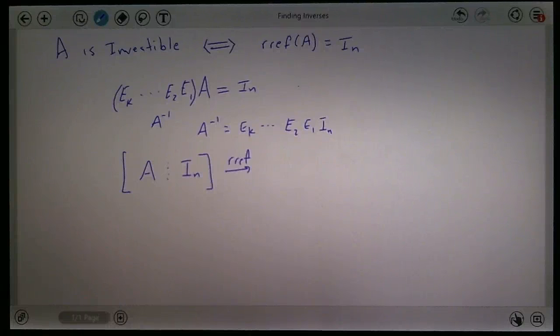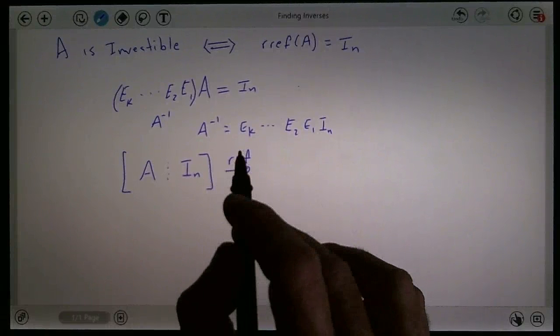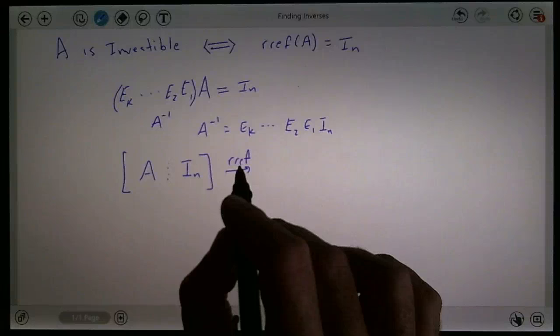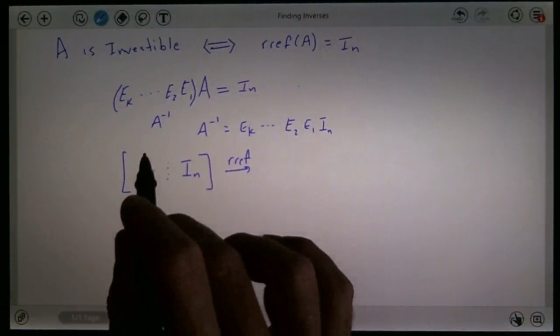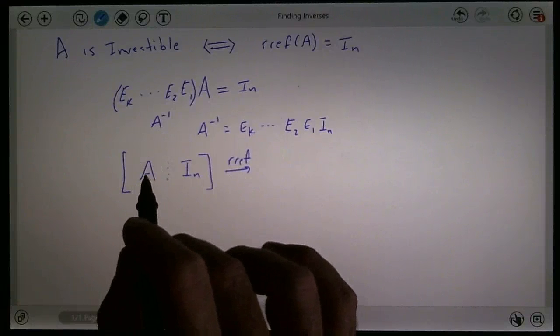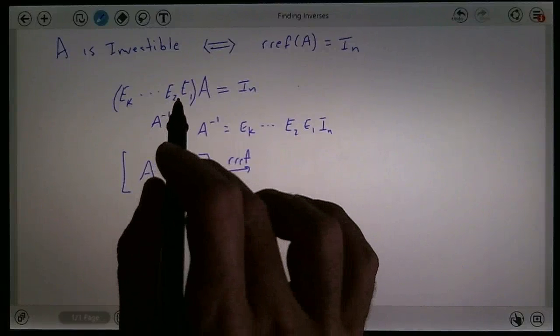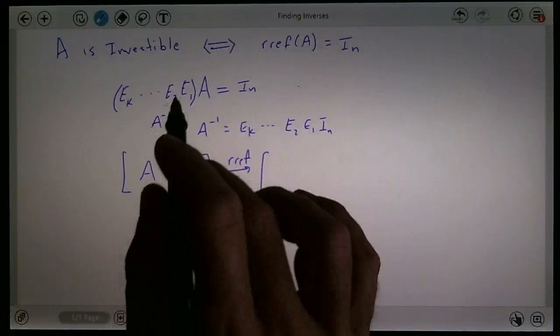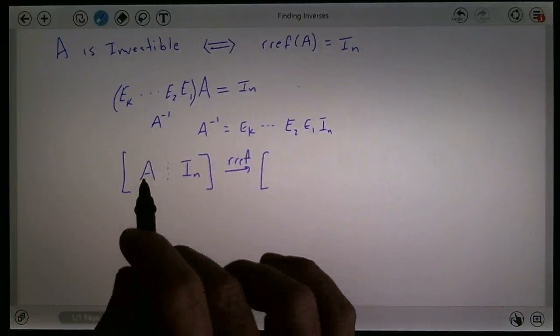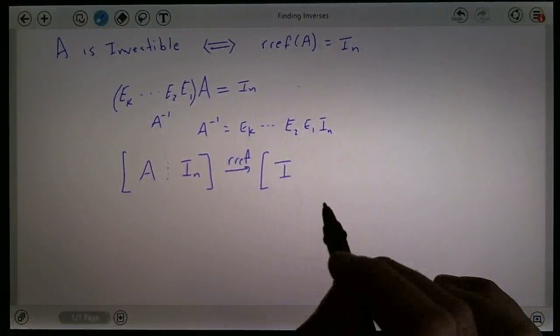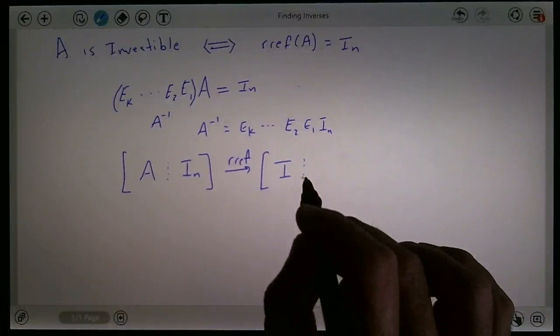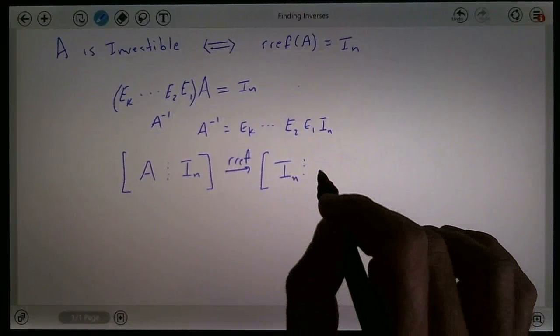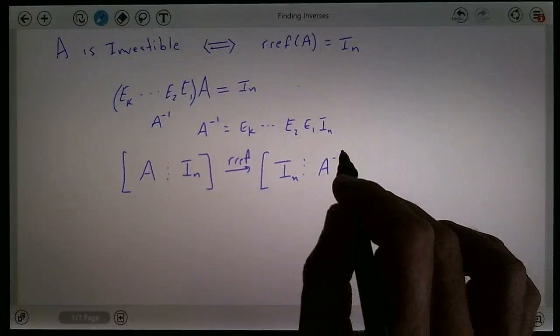Well, the row operations that you're going to need to do to put it in reduced row echelon form are the things you're going to need to turn A into the identity matrix, namely these row operations. If I do those row operations on this big matrix, A will be turned into the identity matrix, and the identity matrix will be turned into A inverse.